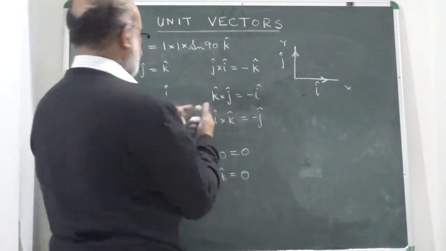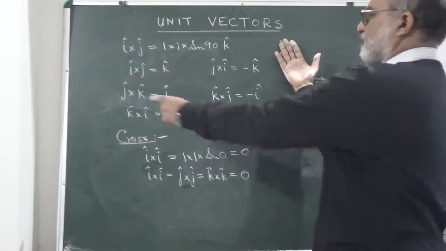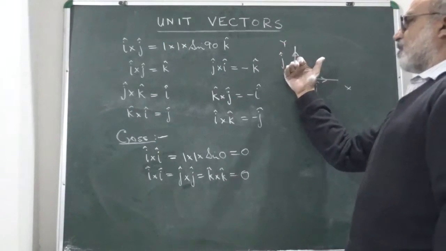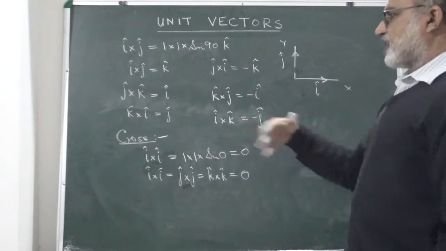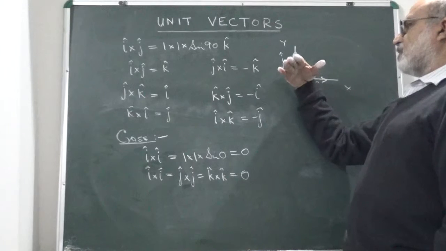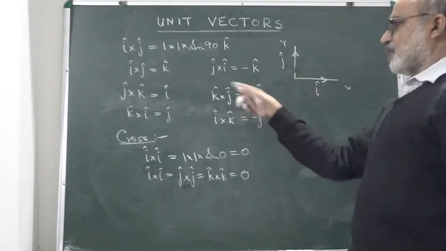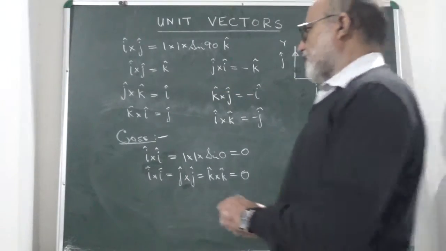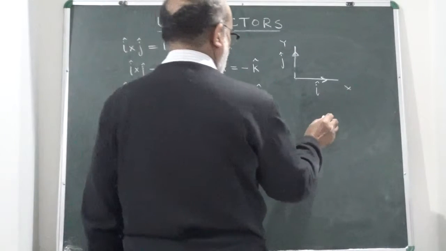For k cross j, put your right palm on k. j is here, and k is outside the board, so it is towards i. Similarly, k cross i is j, and the reverse of this is minus j.